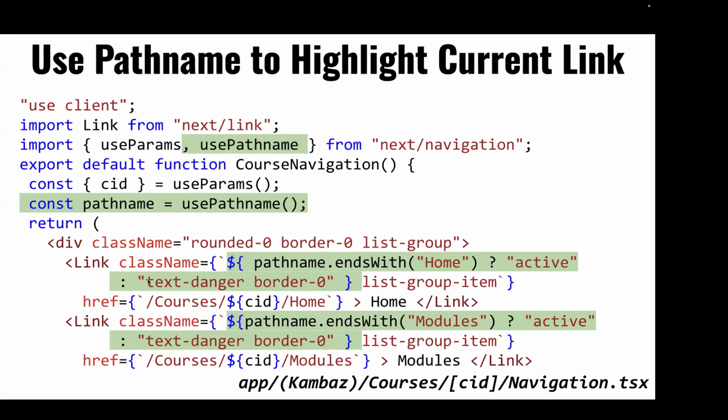Otherwise, we just change the foreground to be red, and border 0. Notice that the active one doesn't have border 0 because it is adding a border on the left side, the dark left sidebar border, and foreground black shows that the link is active. But if it's not active, they're all white background, no border, and the text is red. Okay.